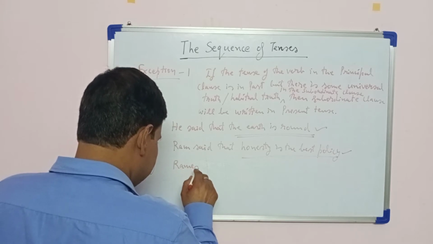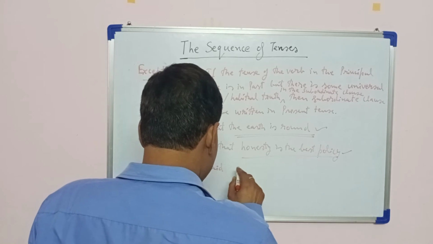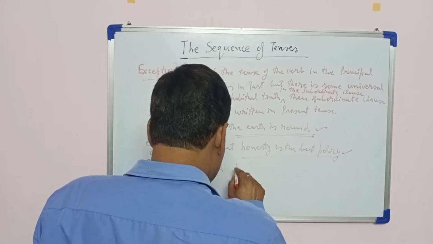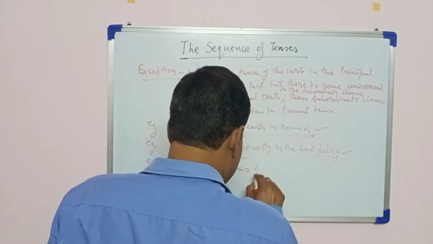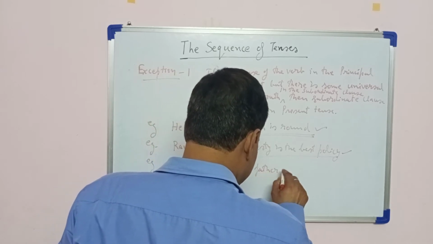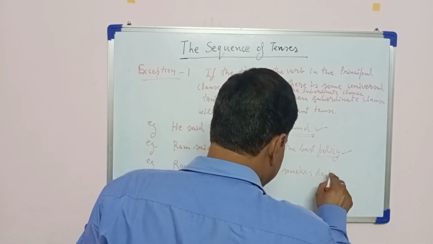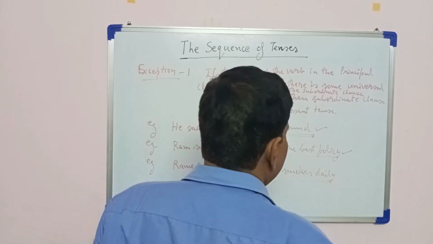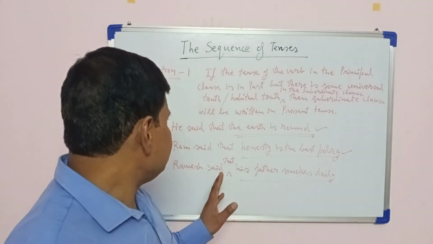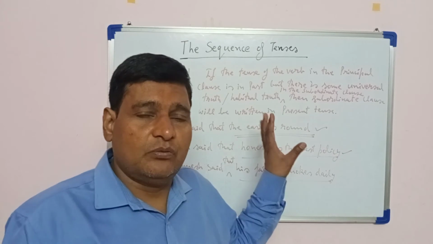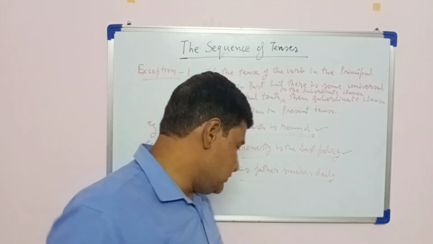Ramesh said to his father that his father smokes daily. His father smokes daily. It is a habitual truth. So I hope you have understood this. What is exception 1? Now let us understand what is exception 2.